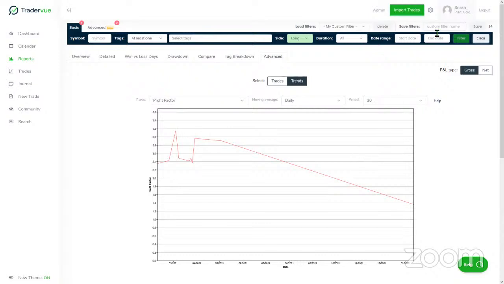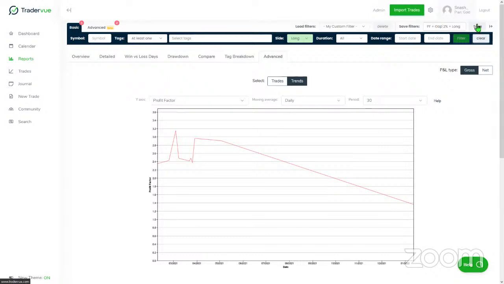And we can actually save this filter if we want to save this view and take a look at this in the future. We can just click save filters. Let's call it PF plus gap 2% plus long.